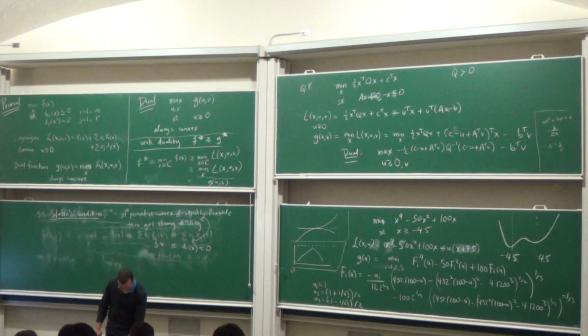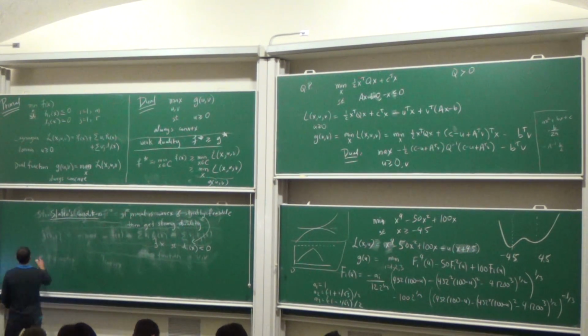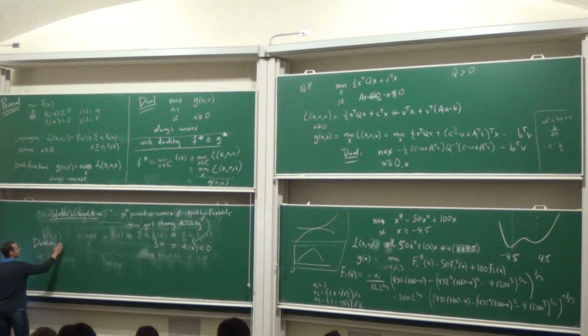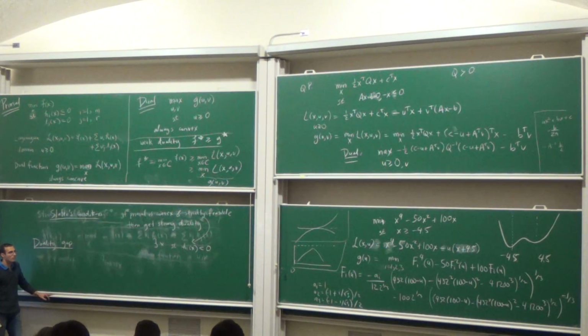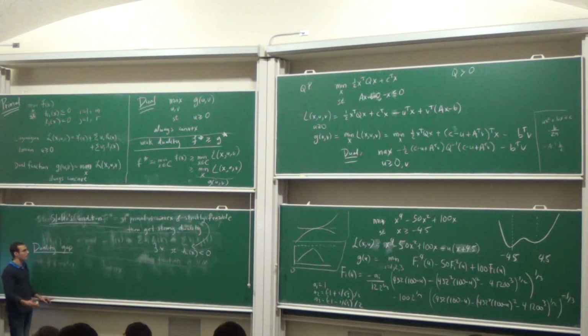Okay, the very last thing I'll point out about duality, and then we'll move on to KKT conditions and sparsity, is the concept of duality gap. This is a very useful concept for many reasons, both algorithmically and theoretically.